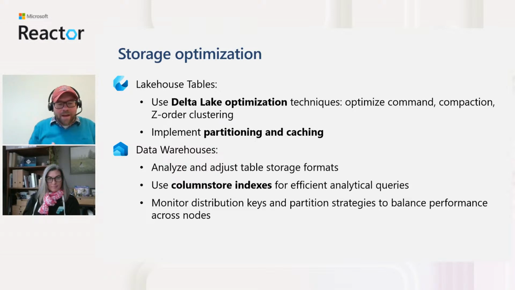Another thing, and I already talked a little bit about this, is if we have the distribution keys and partition strategies, we can monitor these to balance performance across the nodes, right? Another thing you have to bear in mind is, okay, if I have these indices, I can put an index on every column.